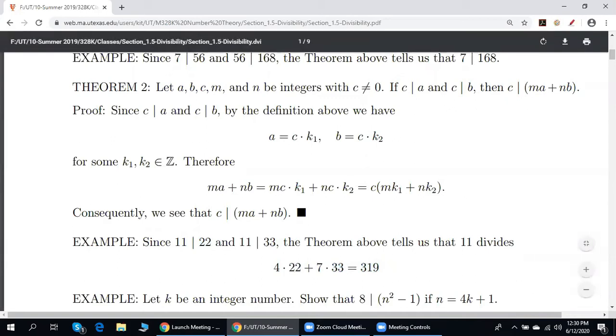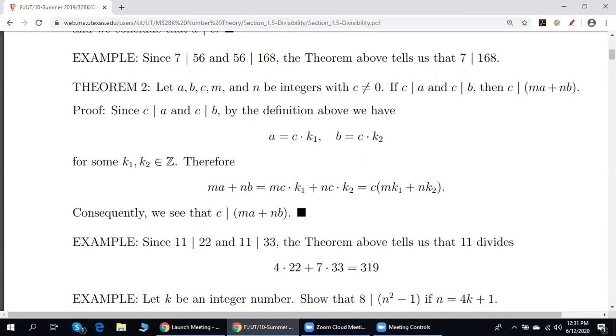Folks, any questions here? I have a question. In the homework and on the test, you're explaining through your proof, telling us that we see that M, N, K1, and K2 are all integers, so we know that that's an integer, but it's not written in your proof. So on the homework and on the test, do you expect us to write those out, or if we write it like how you write it, is that going to be fine?